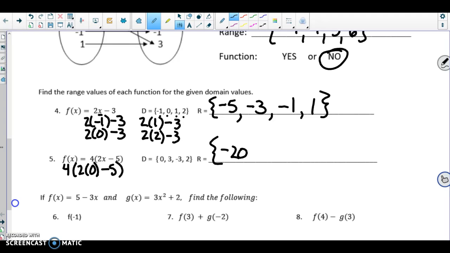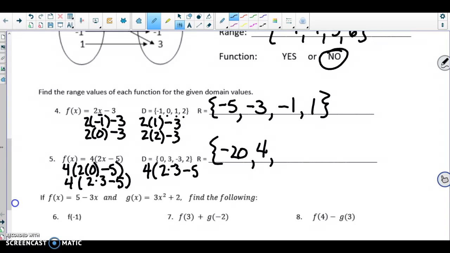for my first value. If I plug in 3, I've got 4 on the outside, 2 times 3, which is 6, minus the 5, which is 1, 4 times 1, which is going to give me 4. If I plug in -3, I have the 4 on the outside still. 2 times -3 is -6, minus 5.